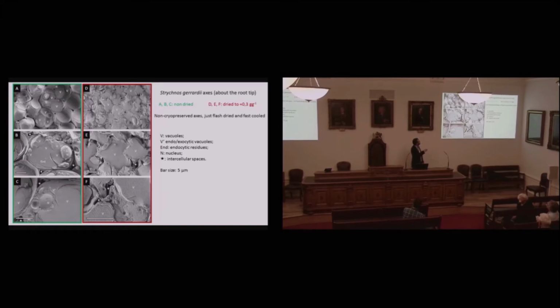What is interesting for us is that the drying process produces, of course, a shrinkage of the cell, but you have these large vacuoles that don't change their volume, and they keep the cell in some way there. The connections between cells, the cell wall connections, are also kept very well.